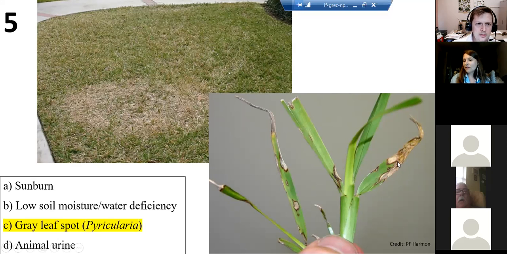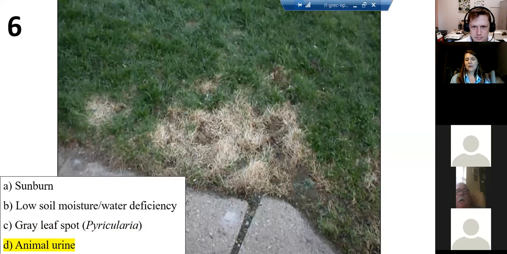So you see the dark halo around it, and then the white spot. If we had something that was more low soil moisture, we would see more of the plants wilting. And the leaf spots here are actually what calls our attention to that. But good job.